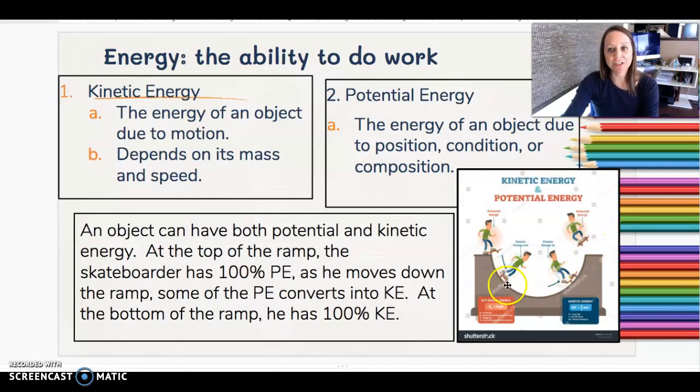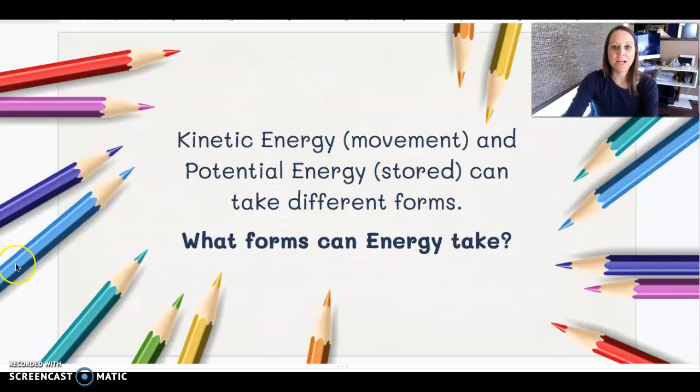So potential and kinetic energy are always converting between each other, but the total amount always stays the same. Kinetic energy is the energy of movement, and potential energy is stored energy. These two types of energy can take many different forms, and that's what we're going to be talking about today.